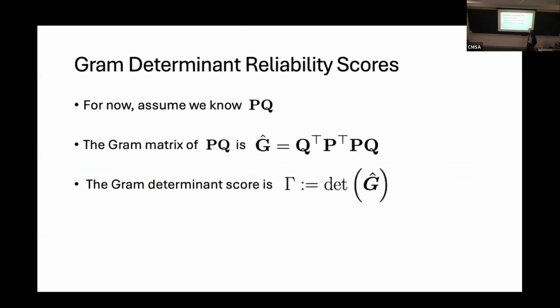Okay. So, Gram Determinant Score. The only thing we can observe empirically is the joint distribution of x hat and y. As I explained in the model, the joint distribution of x hat and y is P times Q, the product of the matrix P, which is our random experiment that relates y with the true x, and the mystery matrix Q. Let's just assume that we know P and Q, because if we have large enough data, the empirical frequency that we observe for x hat and y will approximate P and Q very accurately.